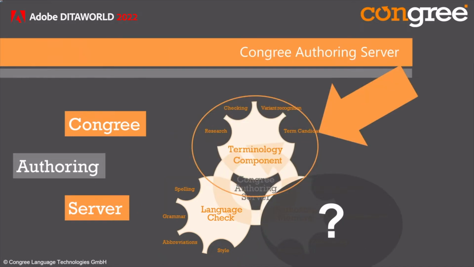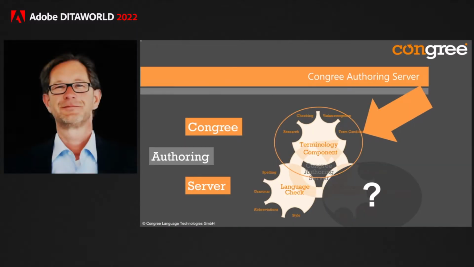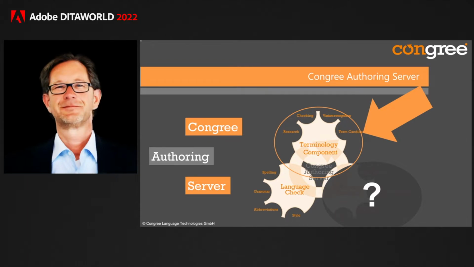The second dimension I would like to talk about is terminology, which allows you to define company-specific terminology which is understood by your customers, users, and target groups. Also, the right branding, the right usage of brand names, product names, etc. can be included. And also here, many companies already have something very often. The challenge is how to bring that into the content creation process.